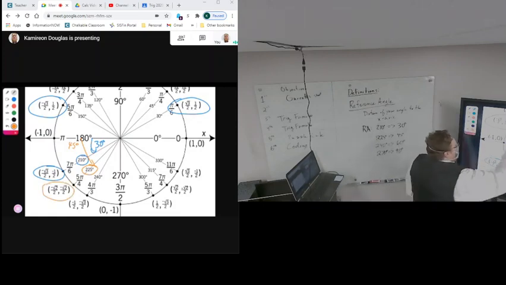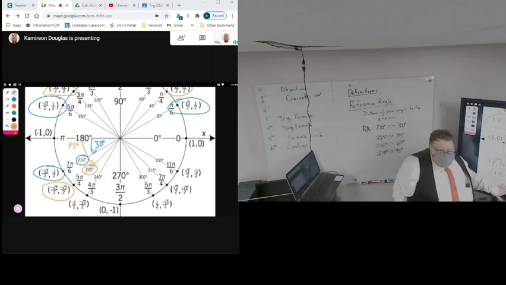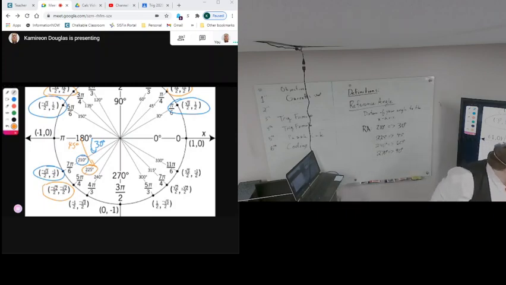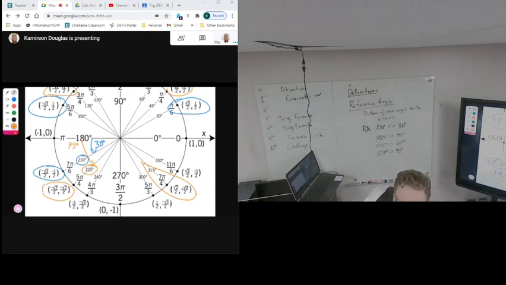So that means that at 135 it matches, because that's also a reference angle, and at 45 it matches. In fact, this setup works the same over here at 315. It has similar properties because they're reference angles. Reference angles have similar properties. Coterminals have the same properties.